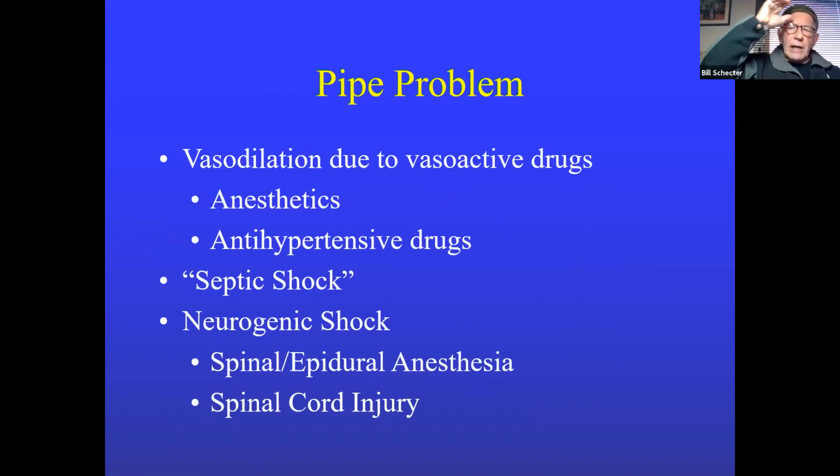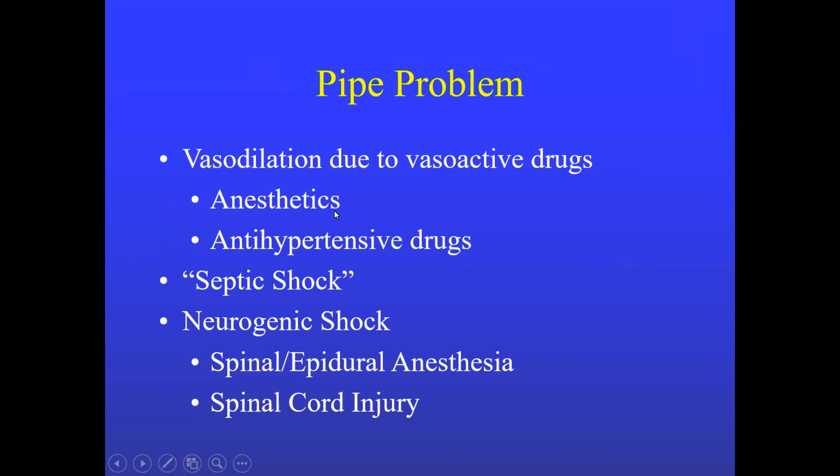Now, somebody, I forget who it was, mentioned that we could have a pipe problem due to vasodilatation, due to vasoactive drugs. We talked about anesthetics; all inhalation anesthetics cause vasodilatation. The patient may be taking antihypertensive drugs, or the patient could be in septic shock.